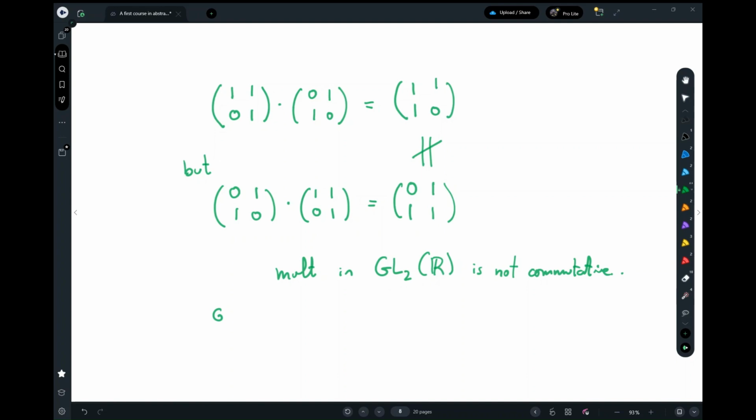So when something satisfies G1 through G3, we are going to call it a group. And when something satisfies G1 through G3 and also it is commutative, then we will say that that is an abelian group.